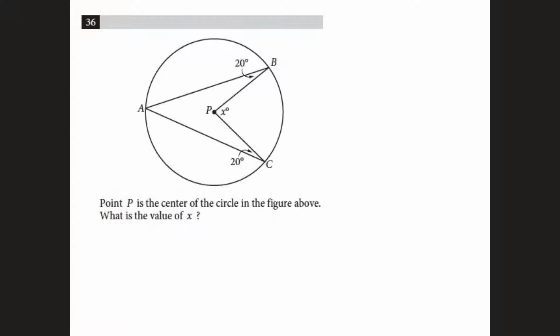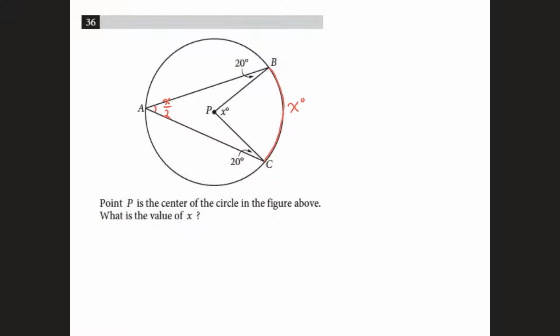Right off the bat, I think this arc length right here is going to be equal to x in degrees, and this angle is going to be half of x, so it's going to be x over 2. Let's see if that's going to help us any.